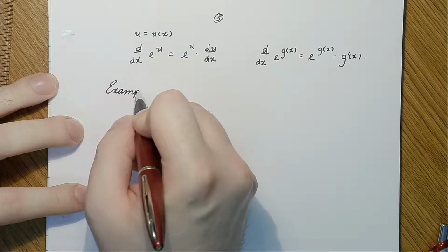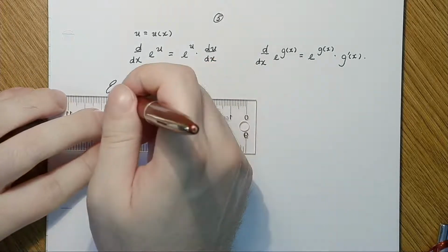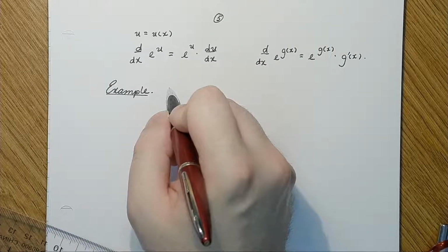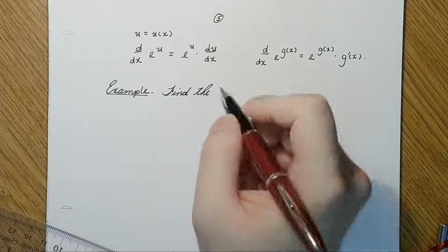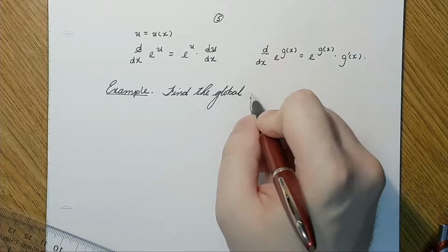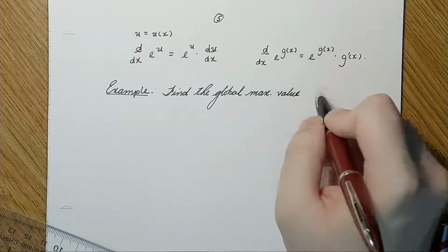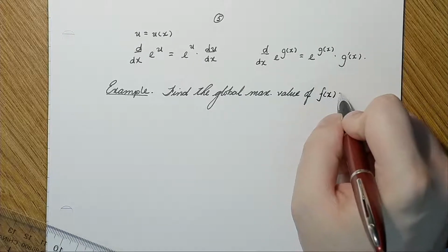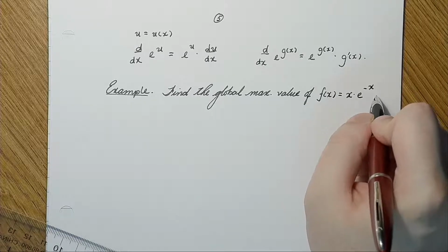So let's do another example. This one is going to be: find the global maximum value of x times e to the minus x.